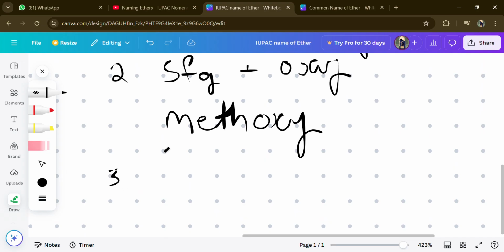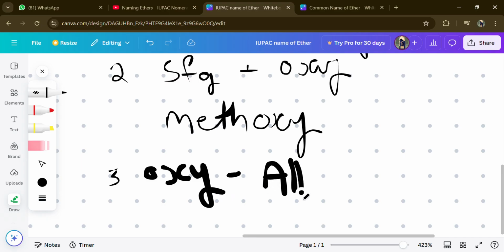The third thing that we can work upon is the nomenclature. First there would be the oxy group. I should improve the thickness of my pen so it will be visible to you. Oxy, then it will be alkyl, then there will be ether.